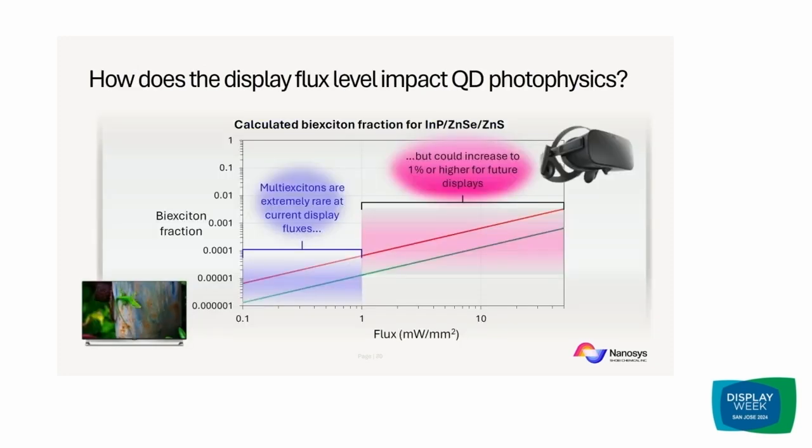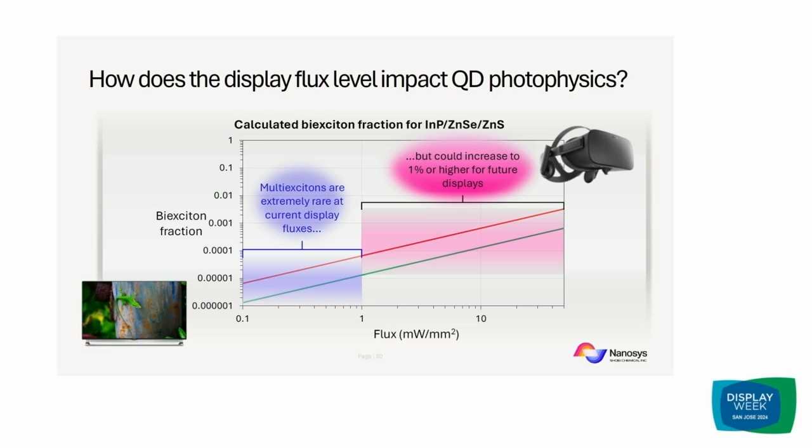In terms of actual display flux levels, right now for QDEF type and QDP type applications, the fluxes people are using are between 0.1 and 1 milliwatts per millimeter squared. When you operate quantum dots under this level of flux excitation, forming a multiply excited state in the system is incredibly rare, and the lifetimes of quantum dots are incredibly long based on the modifications that we've made for the system.